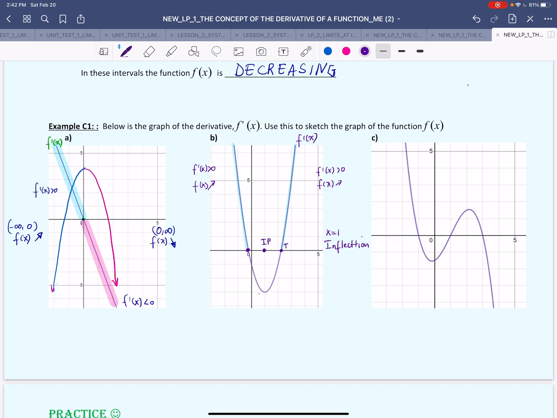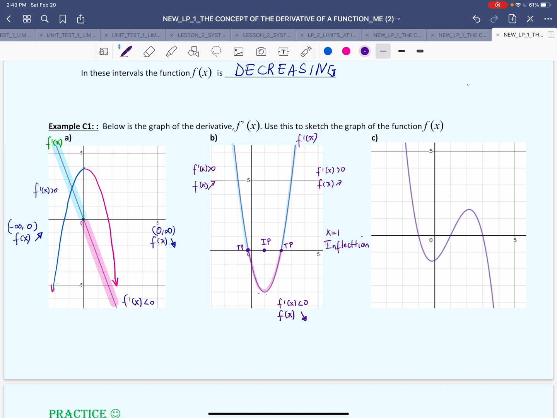We have a turning point, or 2 turning points, at these 2 x values. And down here we have the value of the derivative negative. So negative values of f prime means that the function must be decreasing here.